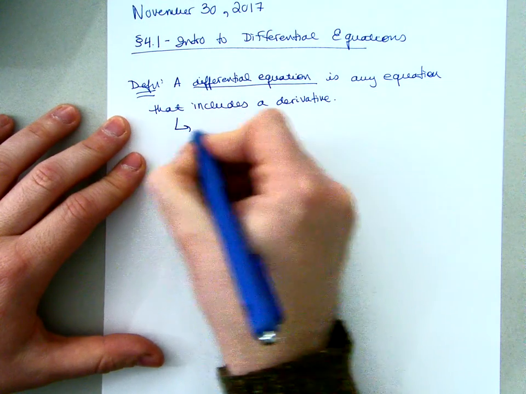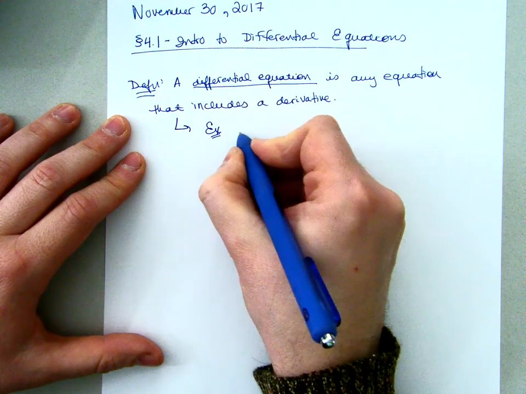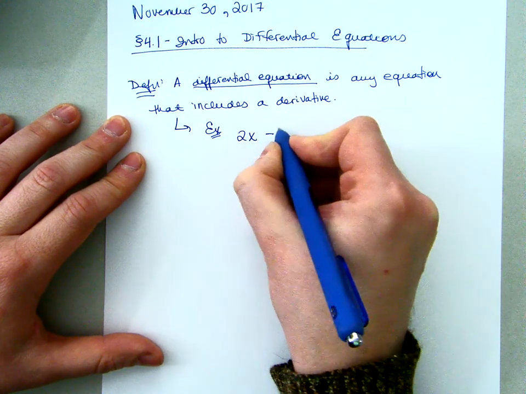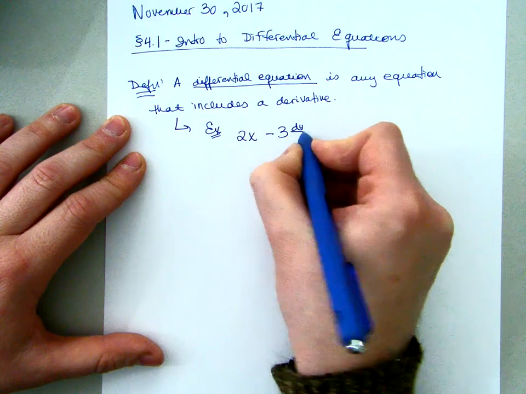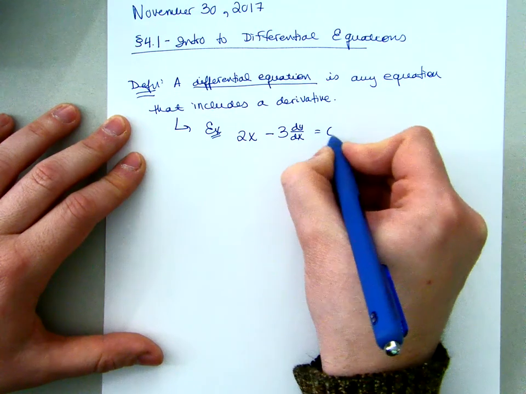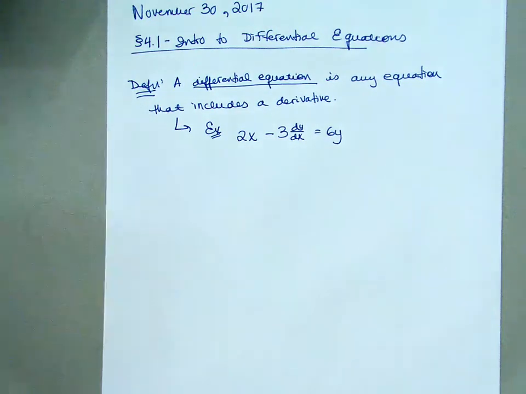So an example of a not super easy differential equation is something like 2x minus 3 dy dx equals 6y. That's an example of a differential equation.